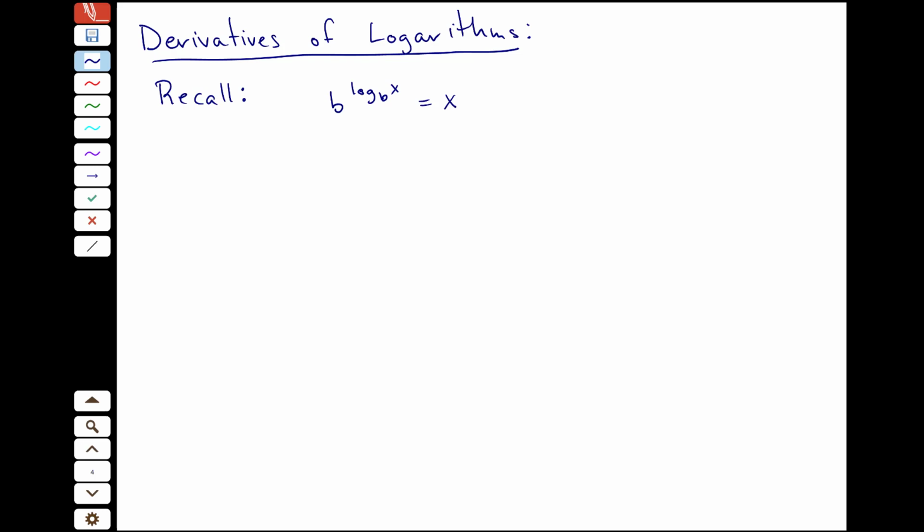So again, on the left-hand side of this, the b and the log base b cancel out, and I just get x. And so what I'm going to do with this is I'm going to take the derivative of both sides with respect to x.